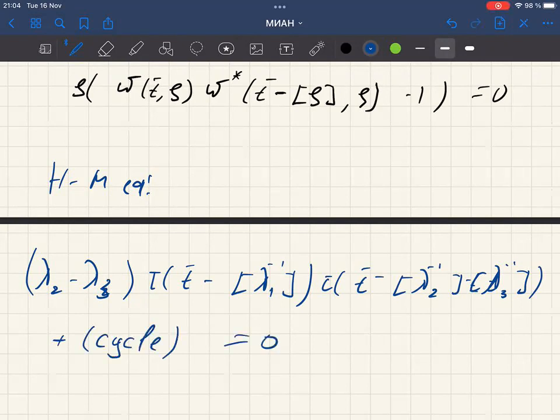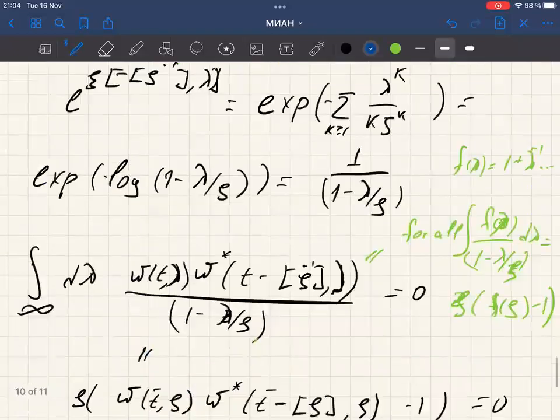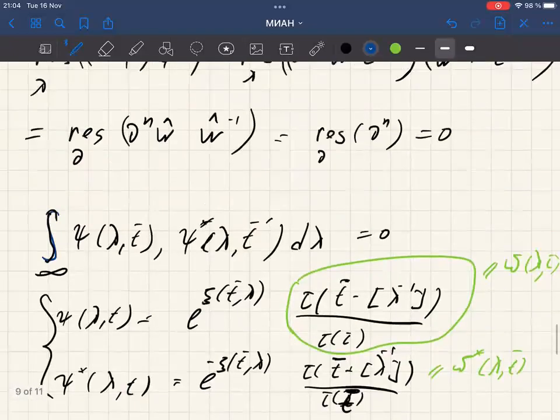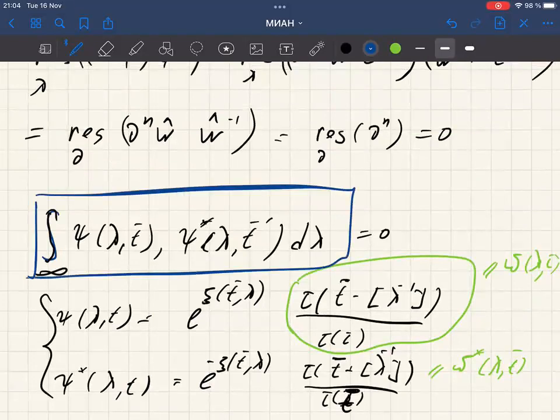This equation could be easily obtained from this integral equation if we use the same shifts, if we take t prime as t with some shifts like that.